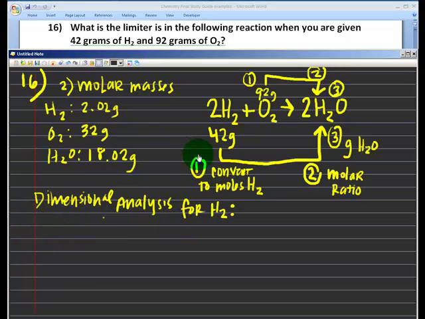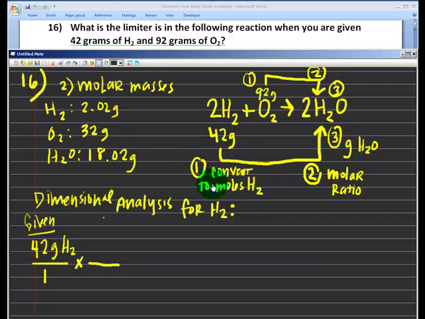We go through the map we made with the 1, 2, 3 steps. With stoichiometry, we always start with what we're given. In the problem, they give you 42 grams of hydrogen, so you start with 42 grams of H2 over 1.